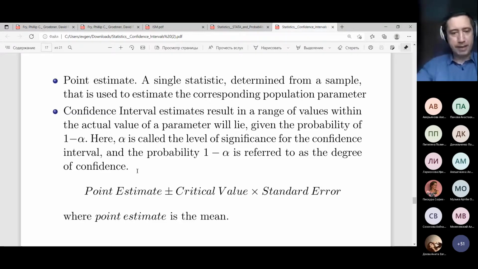Alpha lies in an interval from a number close to 0 to something close to 1.